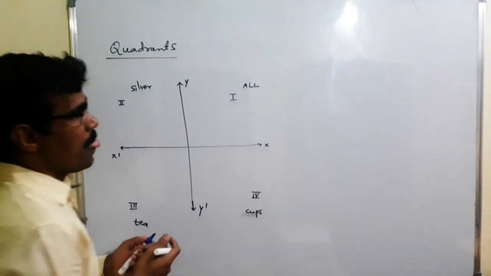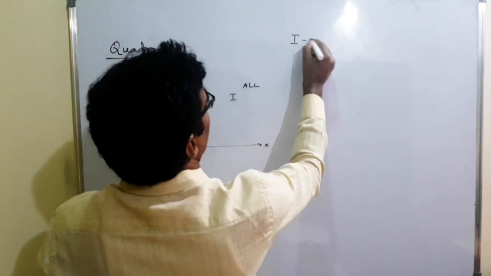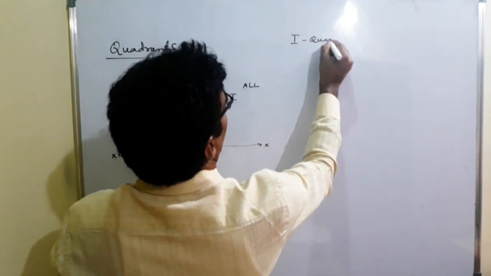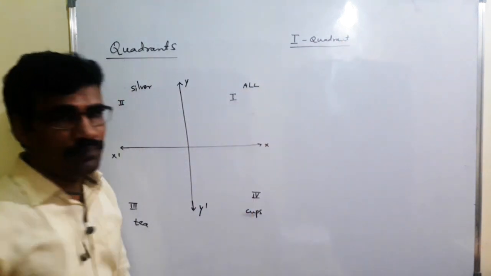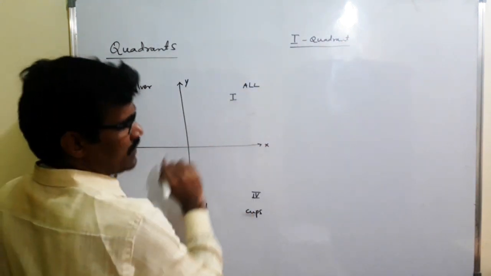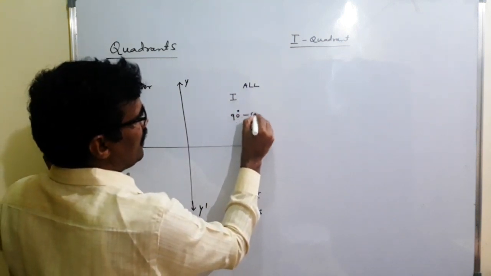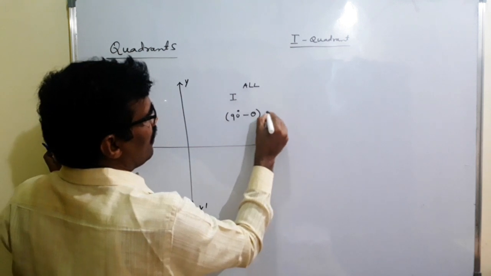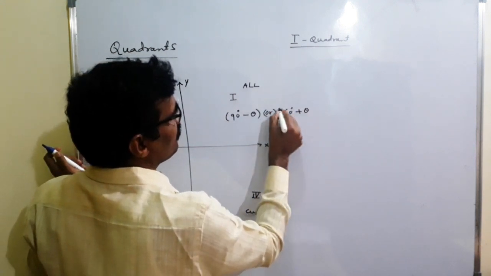Listen carefully. Here first quadrant, this is the first region. Suppose here, 90 degrees minus theta or 360 degrees plus theta.